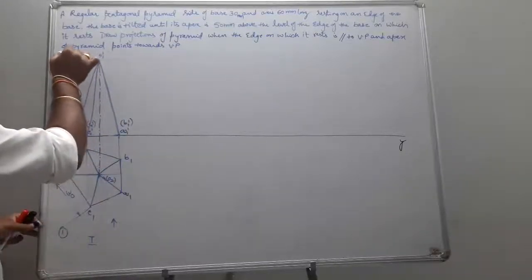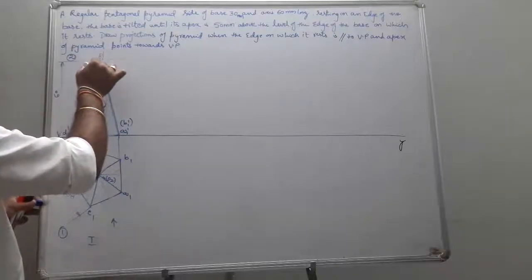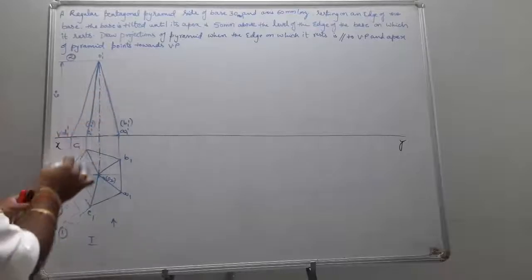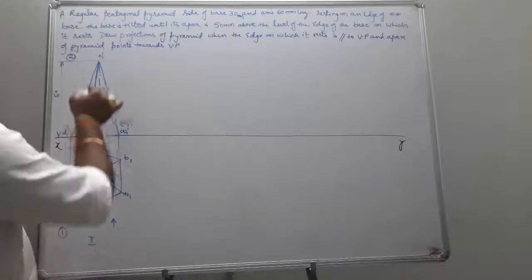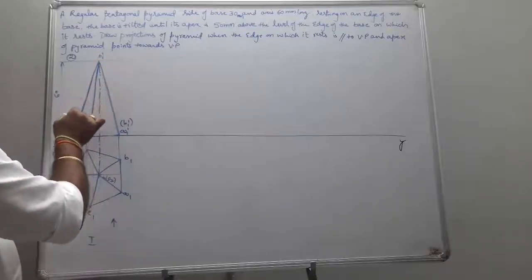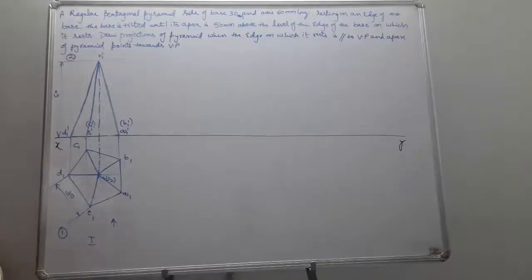So this was step 2. Okay. Next, it is supposed to be tilted in such a way that the axis is tilted until its apex is 50 mm above the level of the edge of base on which it rests.